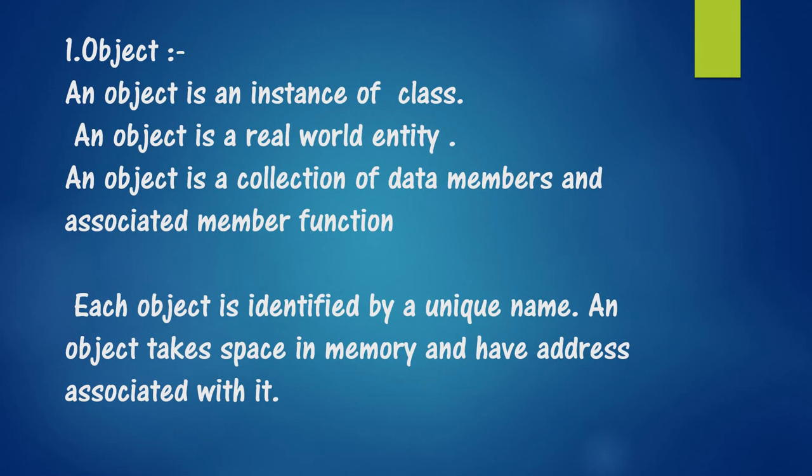First one, object. In your own terms, what is an object? Say one example for an object. One pen is an object. This table is an object. Chalk is an object. Like that, it is a real world entity. Object is a real world entity. Then each object has some characteristics.